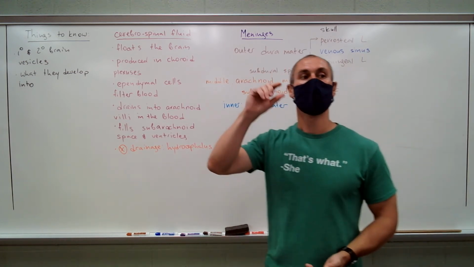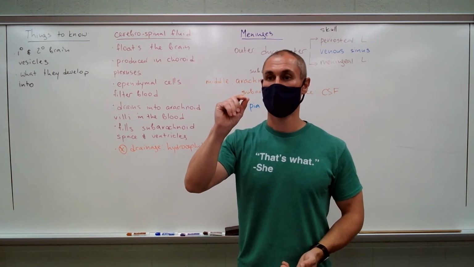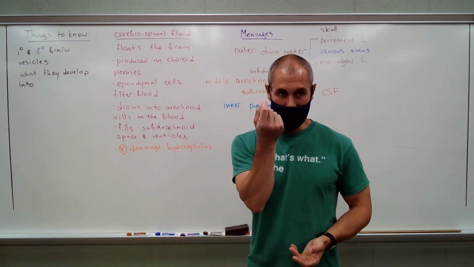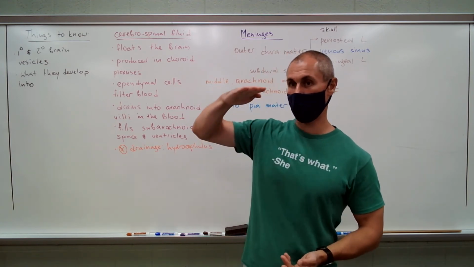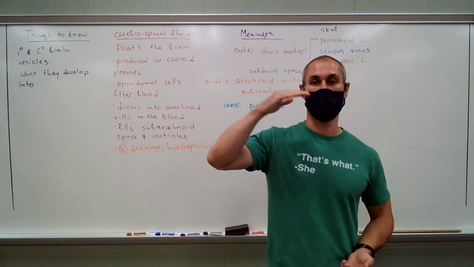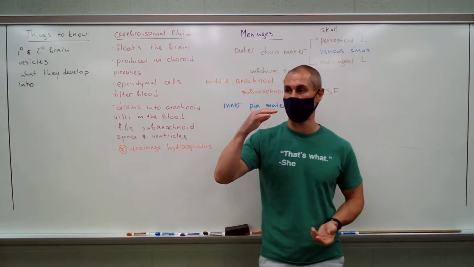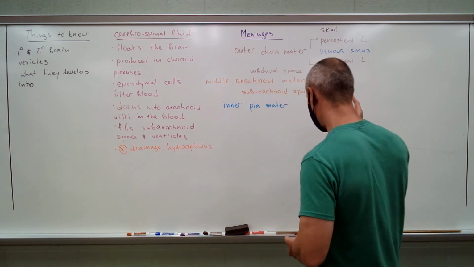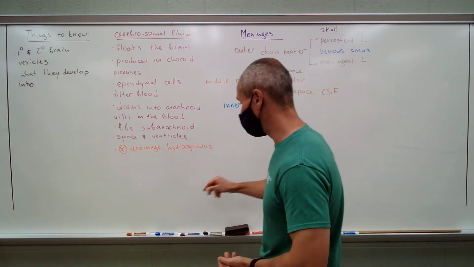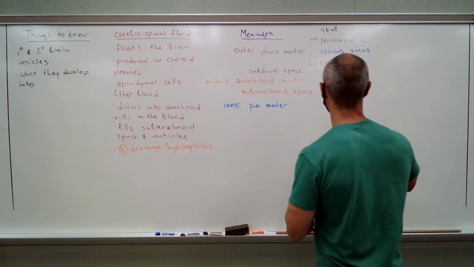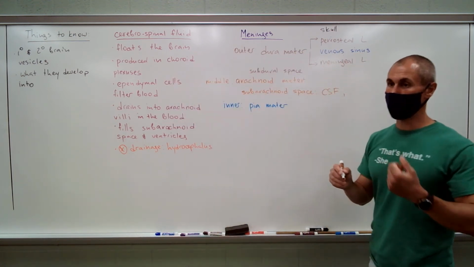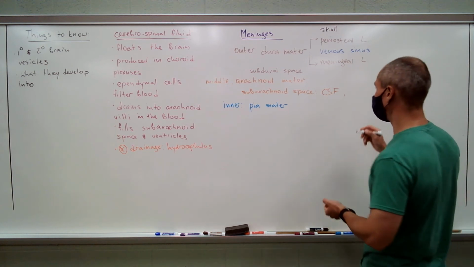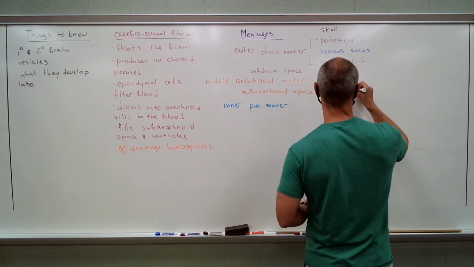You may ask, how big is this space? Take a penny and look at it from the side. That's the approximate thickness. It's very, very thin. Very narrow. The second thing located here are blood vessels. Basically, all of the blood vessels that supply the brain are in the subarachnoid space.